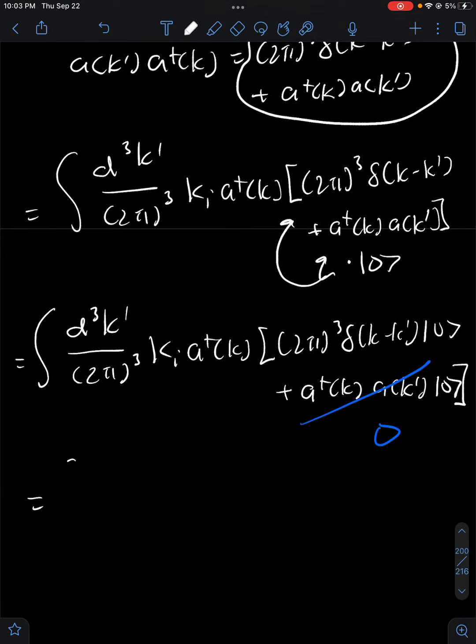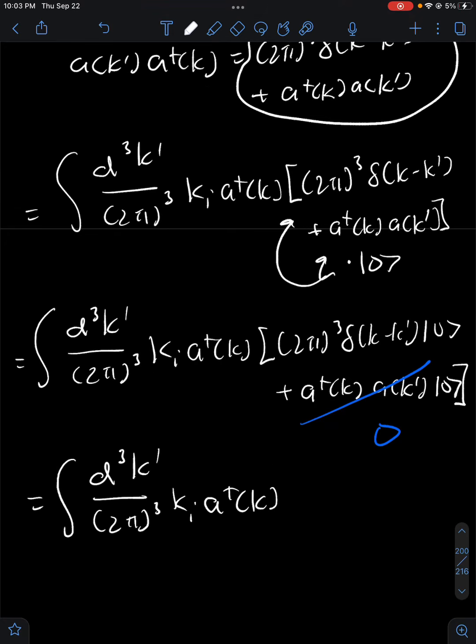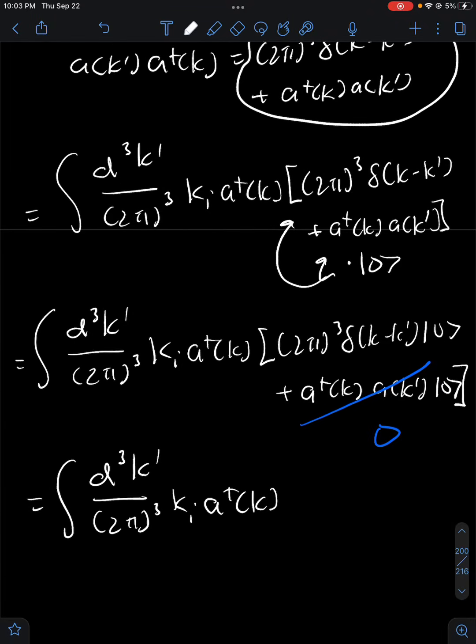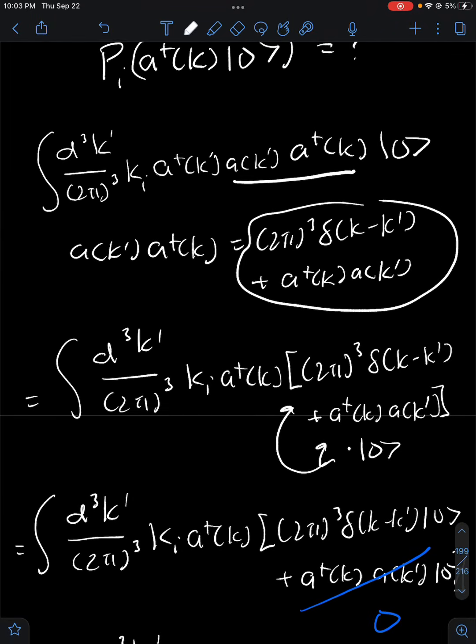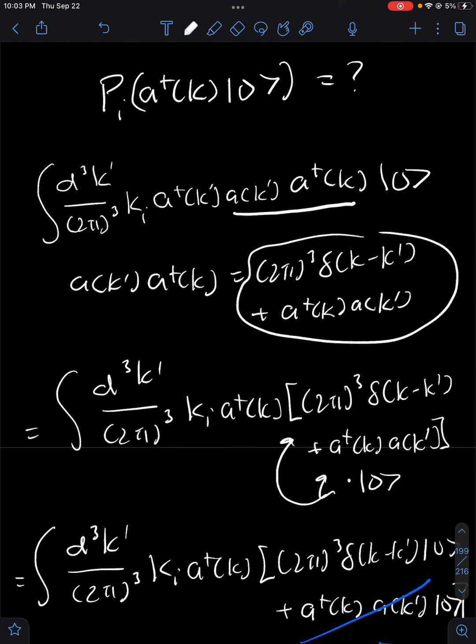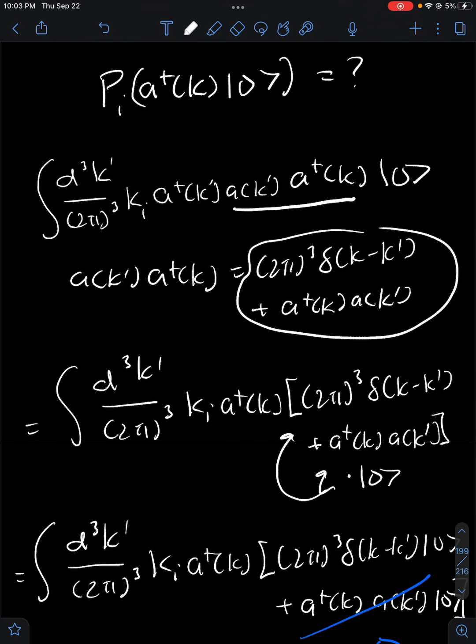That gives us the integral over the momentum 2 pi cubed ki a conjugate k. Actually, oopsie doopsies, remember that this was a conjugate k prime, right? I forgot to add the prime there. We should have a prime here because we have a prime here.